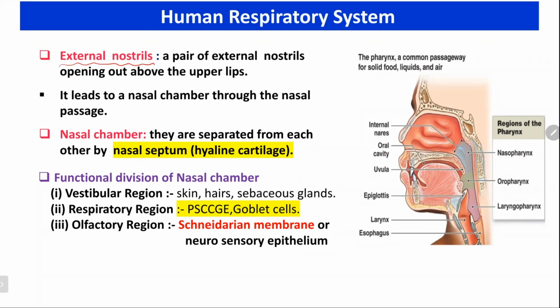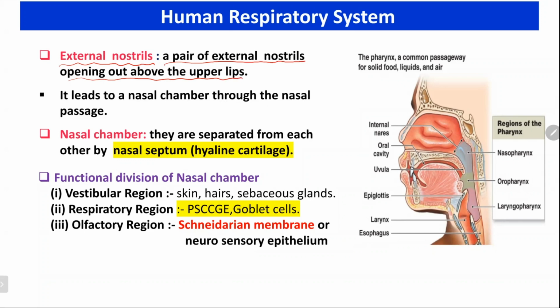External nostrils. What do you mean by external nostrils? You see this is nose, right? Nose opens outside by means of what? One pair of openings, and this one pair of openings are called external nostrils. So one pair of external nostrils open out above the upper lips.